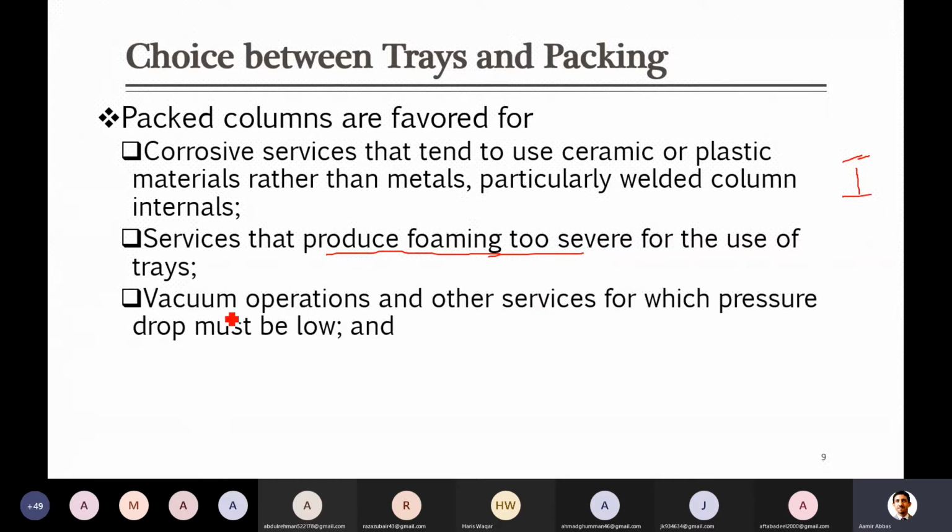Then there are vacuum operations and other services for which pressure drop must be low. Packed towers are used there, because the pressure drop inside a packed tower is low as compared to the tray tower. Inside the tray tower, as you have just seen, there are pores through which the vapor moves towards the top, so the pressure drop is higher than in the packed tower.